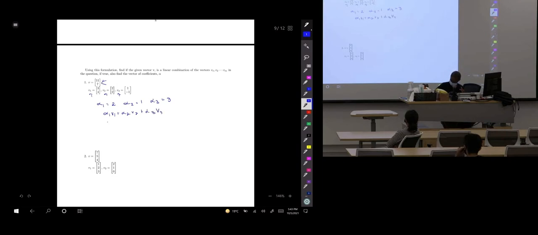So what does this give us? So you have 2 times the vector V1 plus your alpha 2, which is 1, times your vector V2 plus alpha 3 times your vector V3.